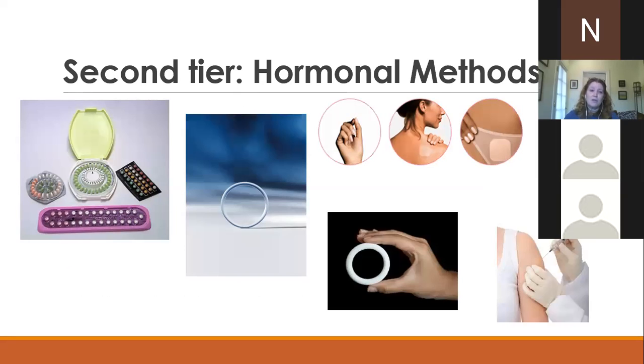The next methods are the pill, the patch, and the ring. And then I wanted to show you, the black box here with the hand holding a ring, this is a brand new method. It's called Annovera. And this is that one ring can last somebody an entire year. So the vaginal ring, which is the second picture here, is a ring that's placed into the vagina for 3 weeks.